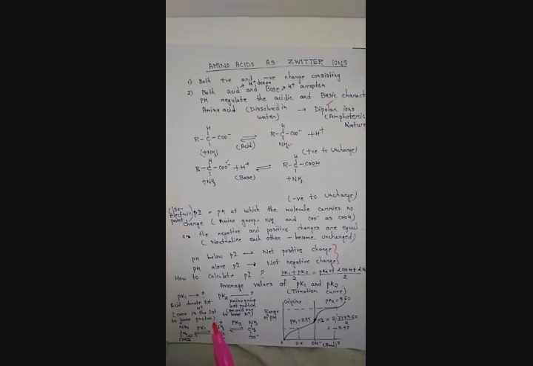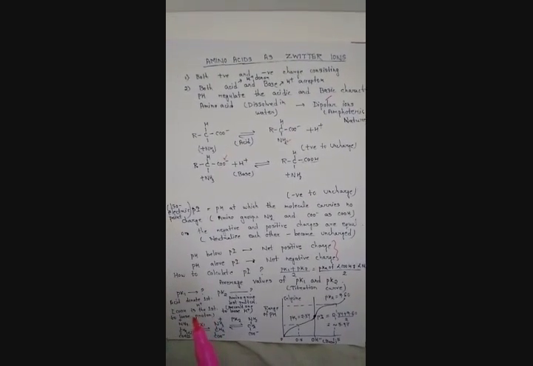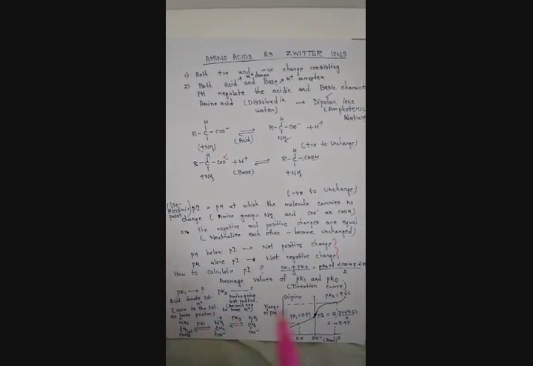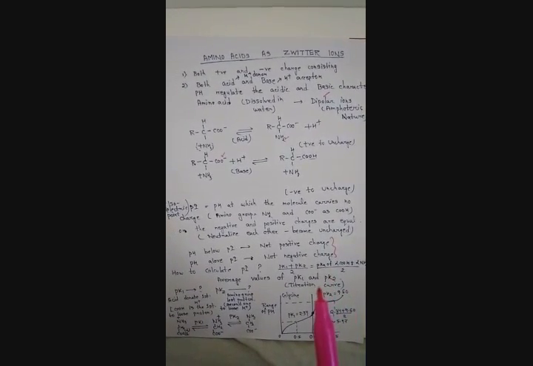Then again the question is, what is pK1 and what is pK2? So pK1 is the pH at which the carboxylic group first loses its proton. So who will lose its proton first? Obviously an acid, correct? So the carboxylic group is the first to lose the proton.